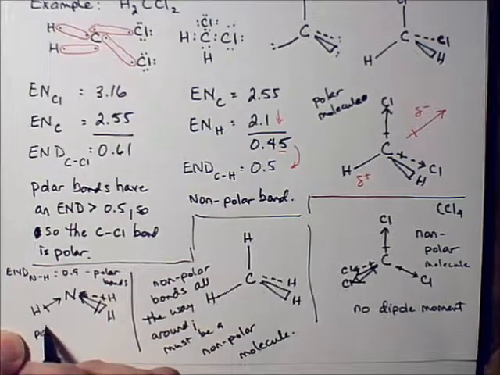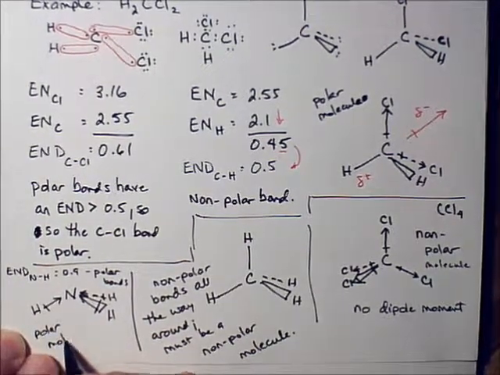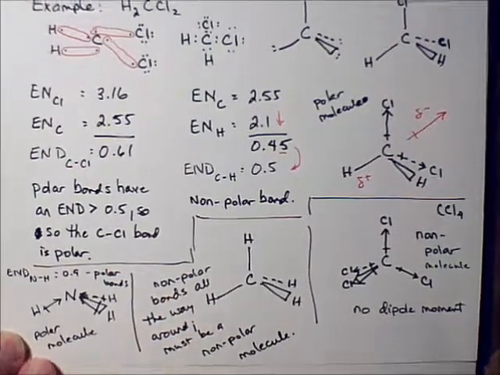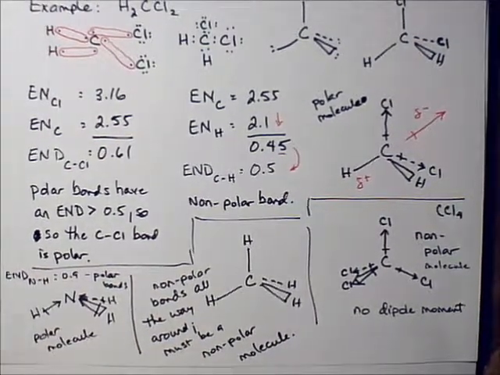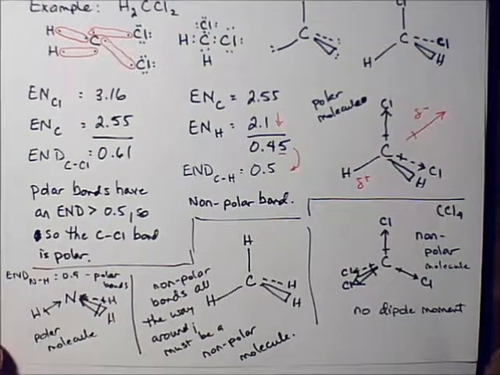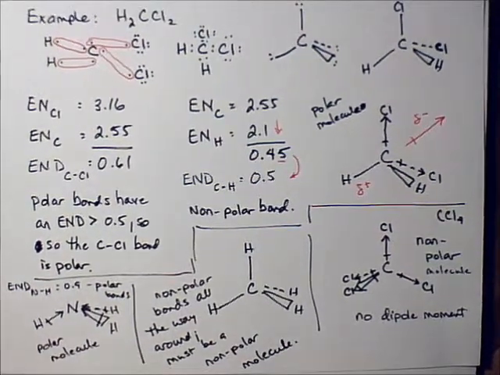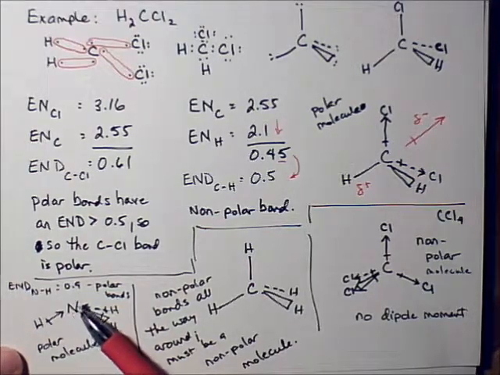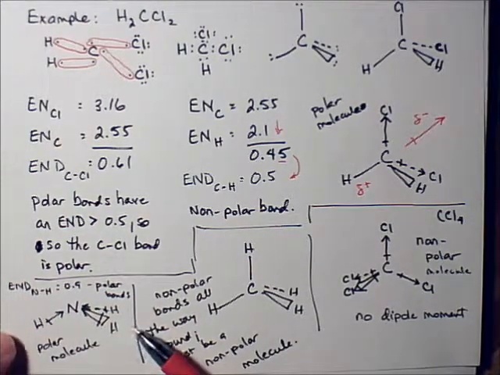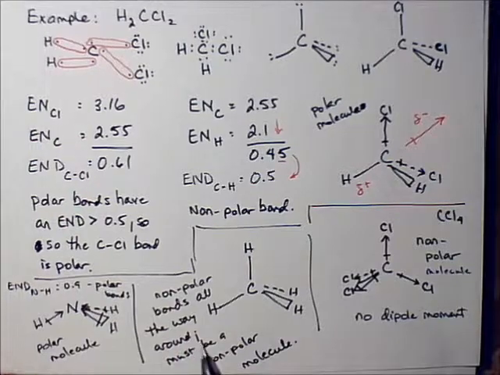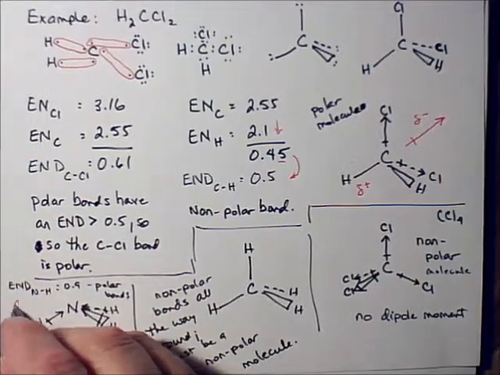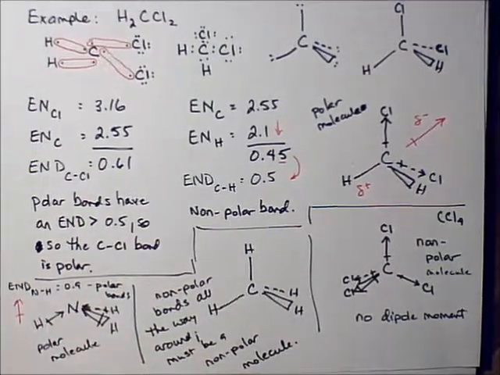That makes this a polar molecule. Does that make sense? Yeah, I haven't drawn it, but there is a dipole moment. You can think about this like the top of the hill, and everything's going toward it, right? Overall, the dipole moment for this goes in this direction.